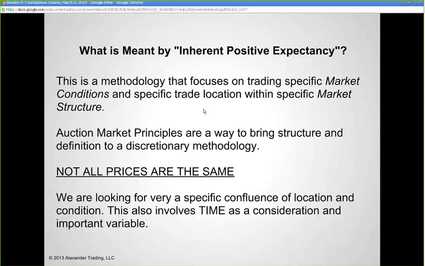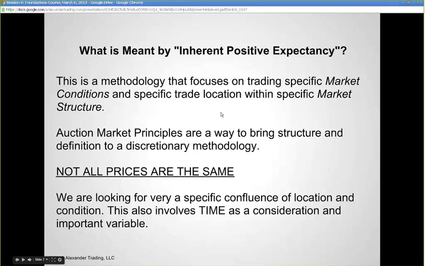They move up and down. It's based on a number series. The number series is generated by changes in price. It's random, frankly. I mean, most price activity is random, right? So what good does it do to slap an indicator on randomness? You're going to get random results. So we're looking for a very specific confluence of location and condition.